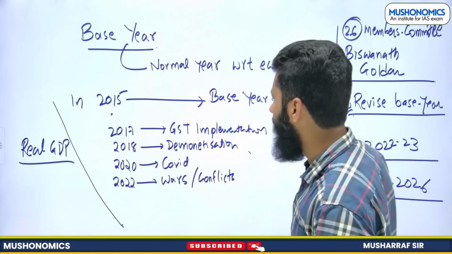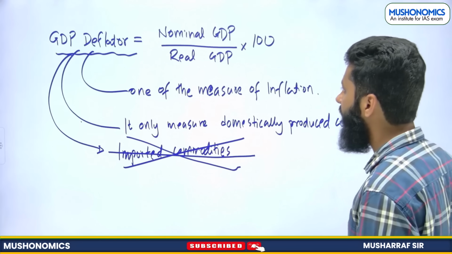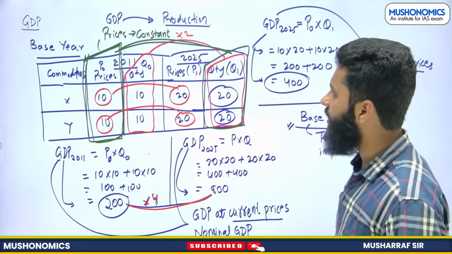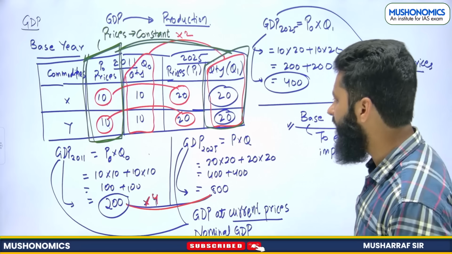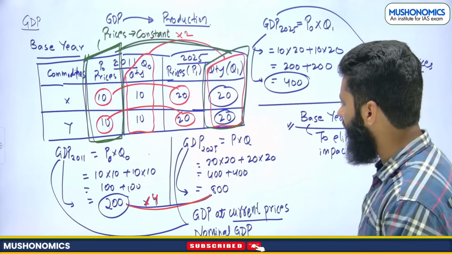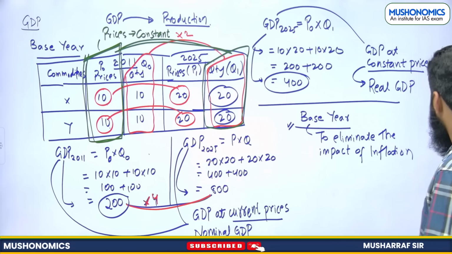I hope this is fine. So this is what we wanted to understand about base year: what it is, how it is taken into consideration, and what its impact is.